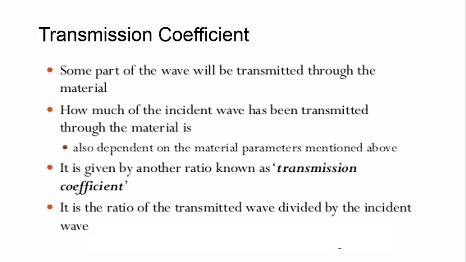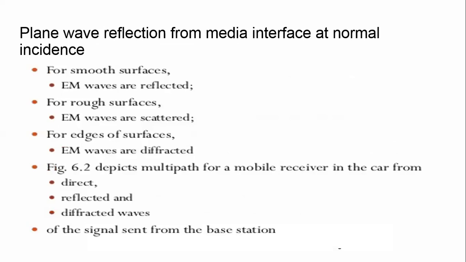So how much of the incident wave is transmitted? That ratio of the transmitted wave to the incident wave is the transmission coefficient, and the formulas for the reflection coefficient as well as the transmission coefficient are given in the later slides.